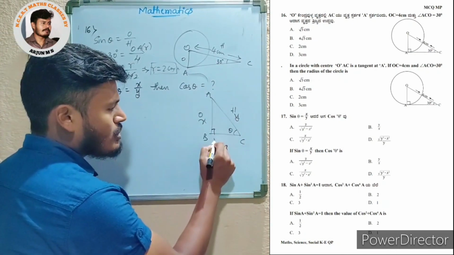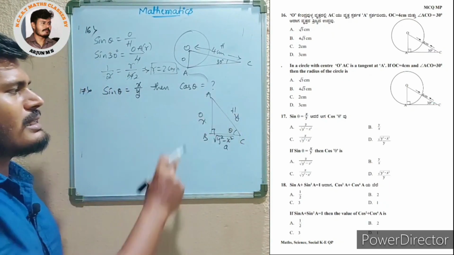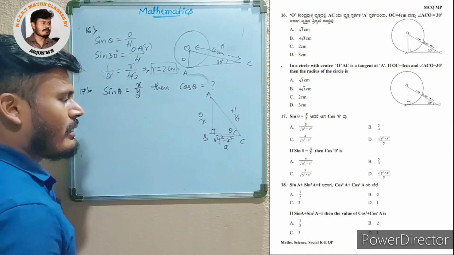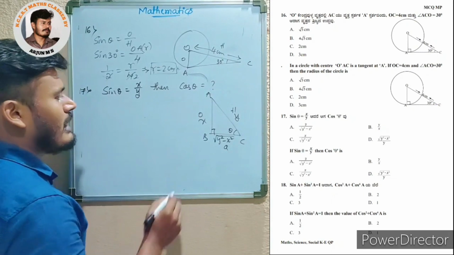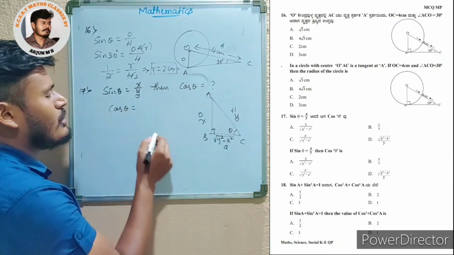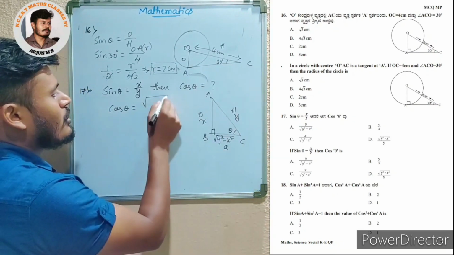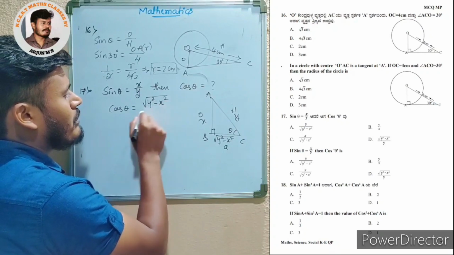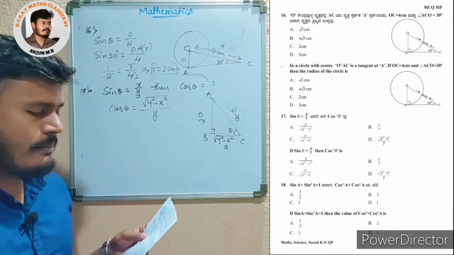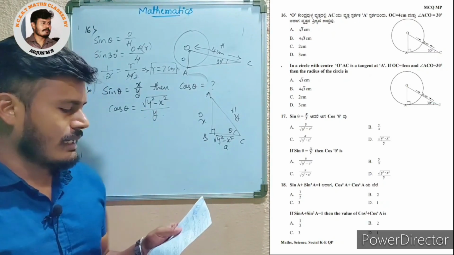BC is equal to square root of y square minus x square, because hypotenuse square minus opposite square gives adjacent BC square. That's why root of y square minus x square. By observing this figure, we can easily write down cos theta. Cos theta is equal to adjacent by hypotenuse. So root of y square minus x square divided by y is the correct answer. So option D is the correct answer.